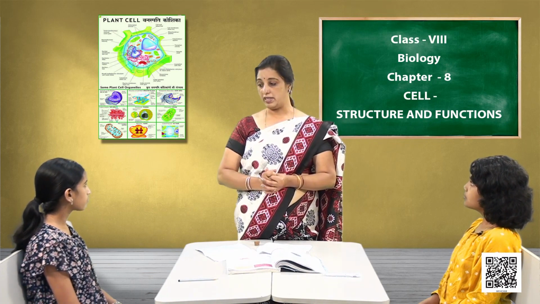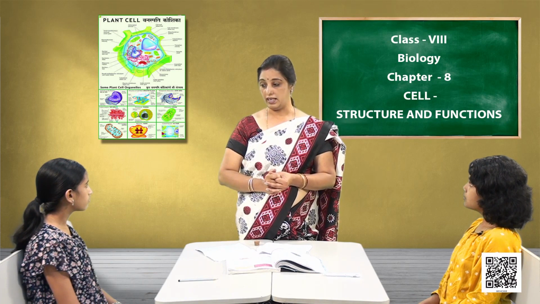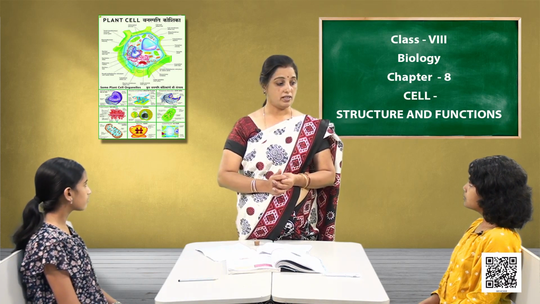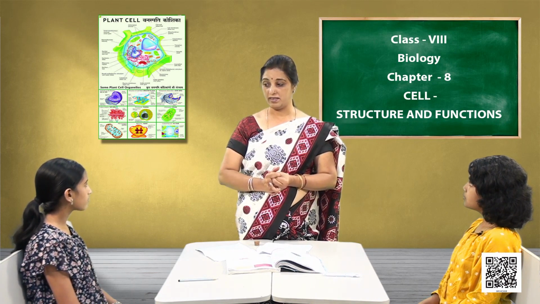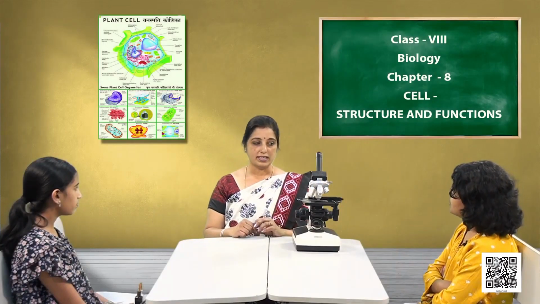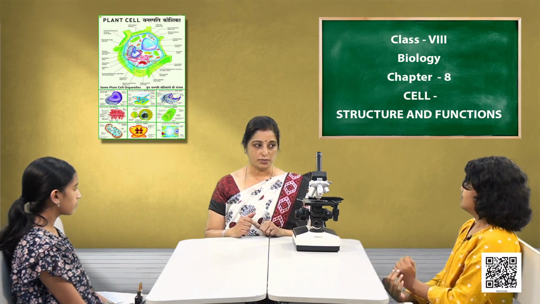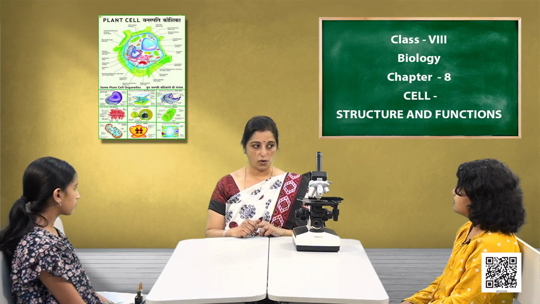So, let us perform an activity and see how a cell appears. You must be very interested to know how it appears, since it forms the basic unit of any organism. Okay, ma'am. Now, let us perform the activity to observe the cell. For that, we need to mount an onion peel.